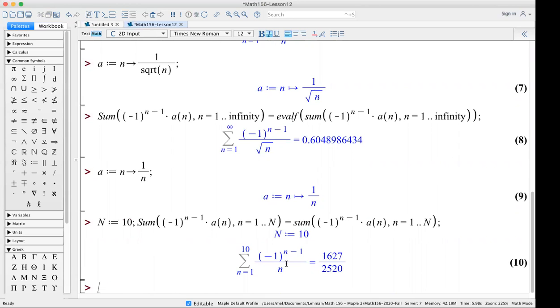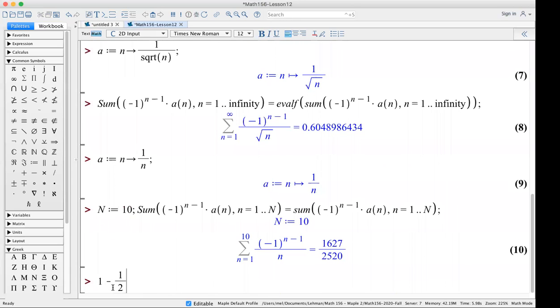So what is this? If you were to write it out, it would be 1 minus a half plus a third. In fact, let me just do it. 1 minus a half plus a third minus a fourth plus a fifth minus a sixth plus a seventh minus an eighth plus a ninth minus a tenth.